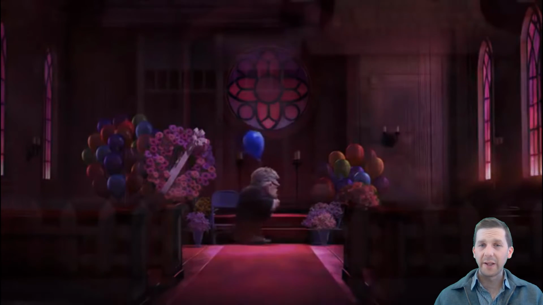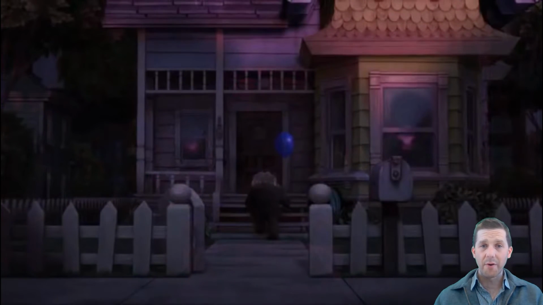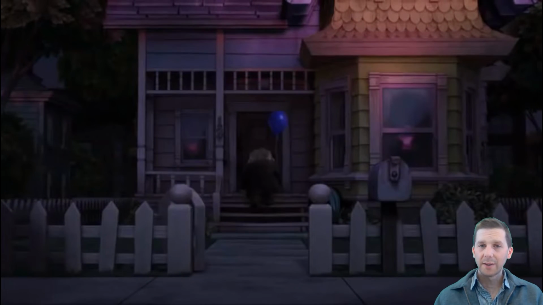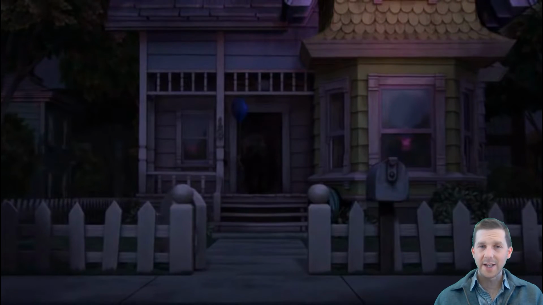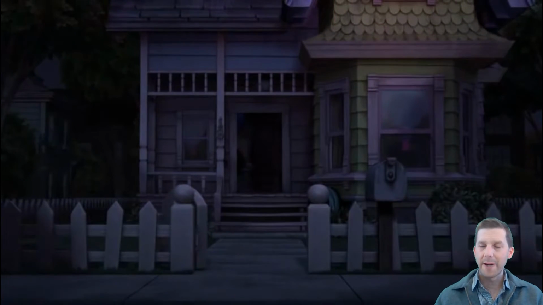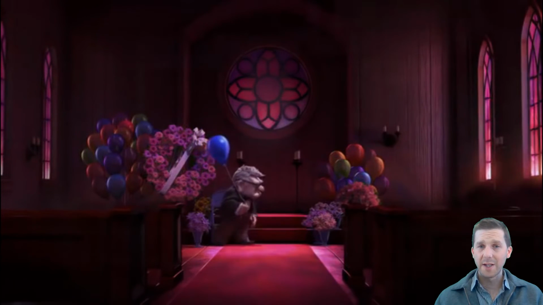So this graphic match revolved around the character Carl. He looks and moves exactly the same in both shots. However, his surroundings change completely, even while he stays the same, and that prompts us to think about the meaning of this transition. The first shot is of his wife's funeral, and the second is of him walking up the steps into his house.